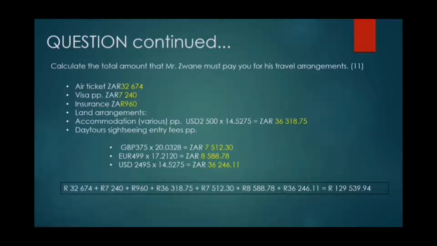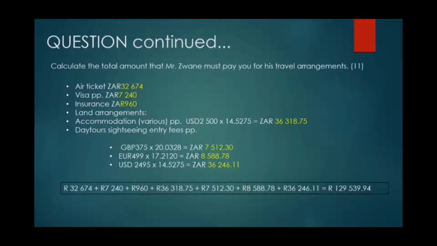So here you have $2,500 times 14.5275 equals 36,318 rand and 75 cents. Then we convert the amount for the day tours and sightseeing entrance fees per person.